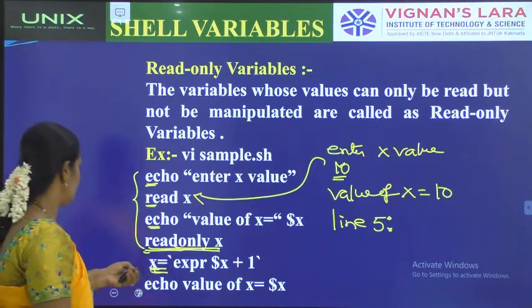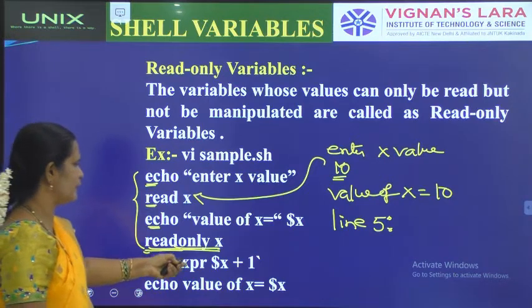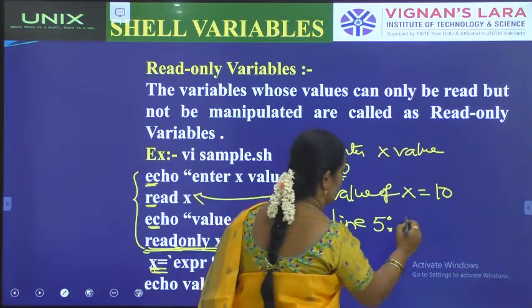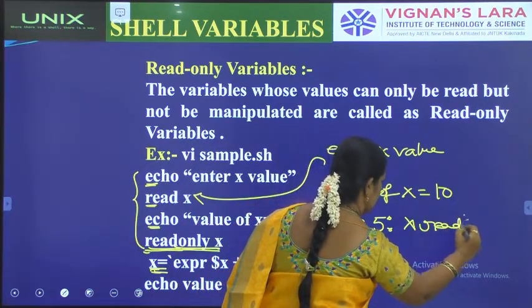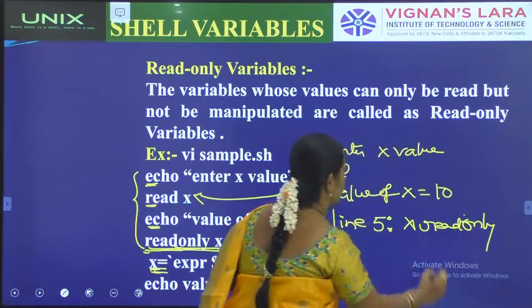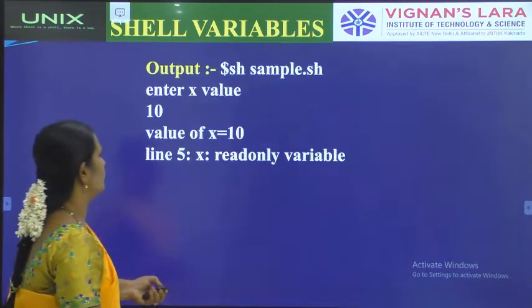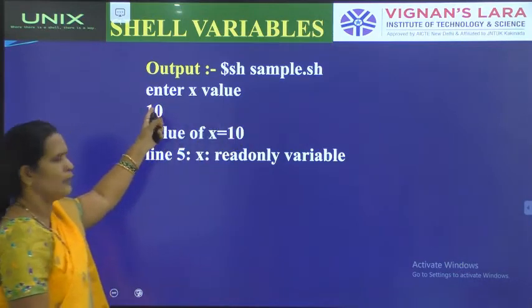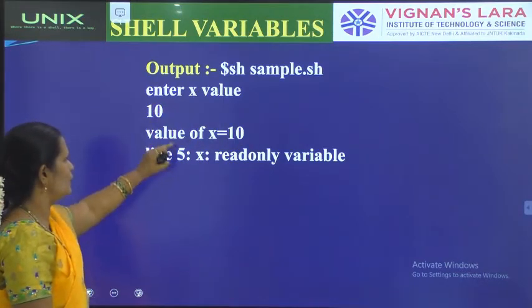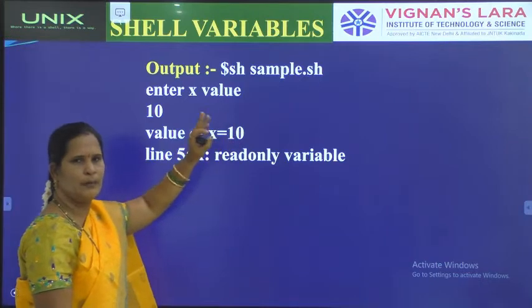Observe the output clearly because x is declared as read only. This is the output. sh space sample.sh, enter x value, 10. Value of x equal to 10 will be printed.